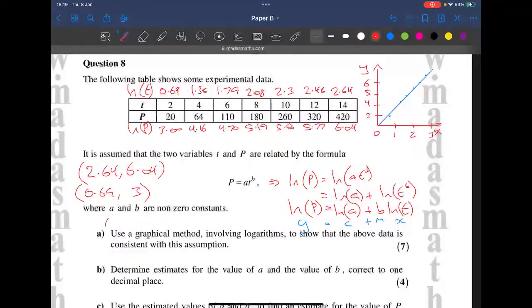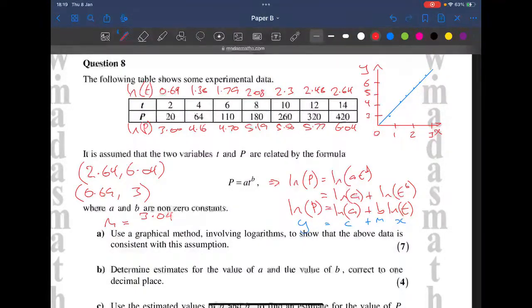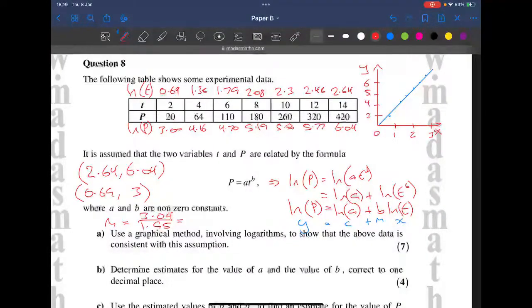So what is the gradient here? Difference in the y values is 3.04. Difference in the x values is 1.95. So doing the division there, 3.04 divided by 1.95, we have an answer of 1.56-ish.